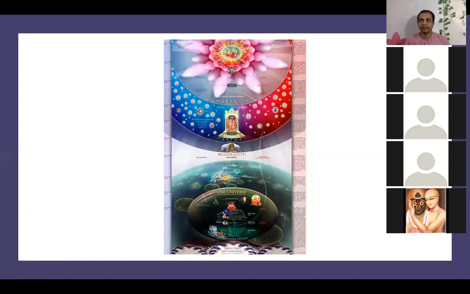So basically, what happens is that depending on your knowledge, you can aim for higher planetary systems. For example, those who are already in Siddhaloka can already see Brahma. They can see higher planetary people.